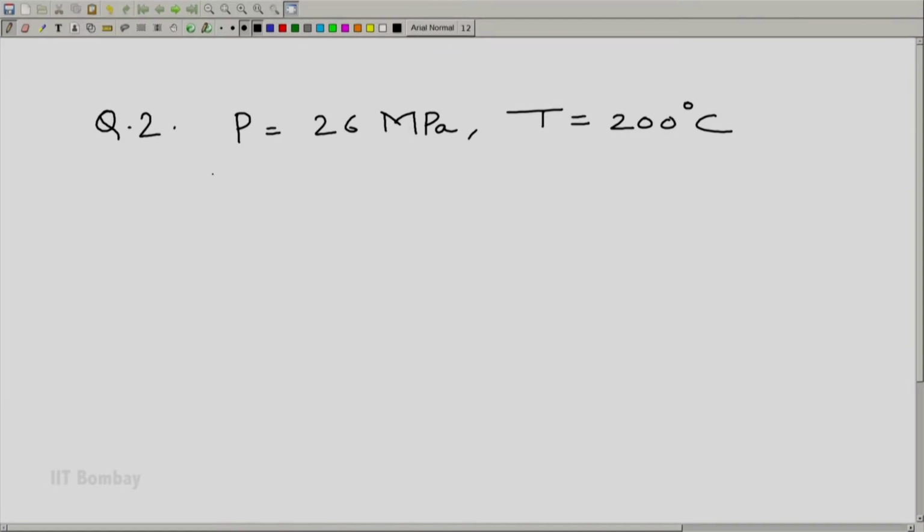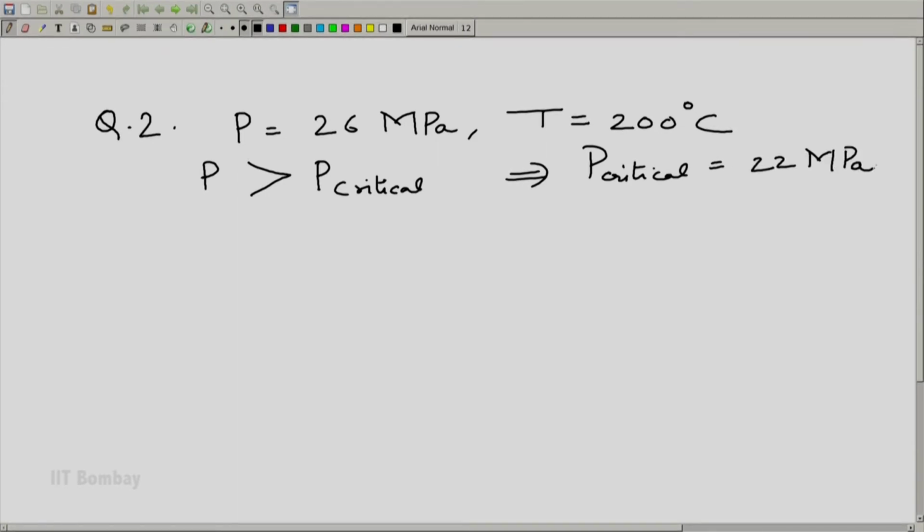As I said, we know that P is greater than P critical, because P critical is around 22 MPa for water, which we all know now.